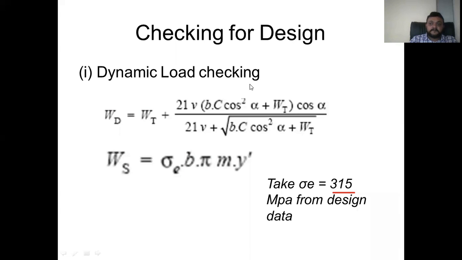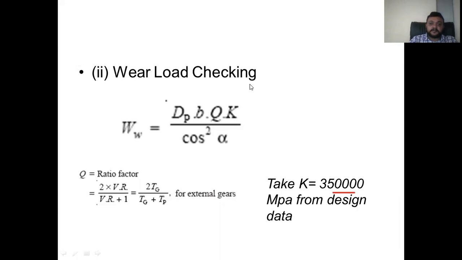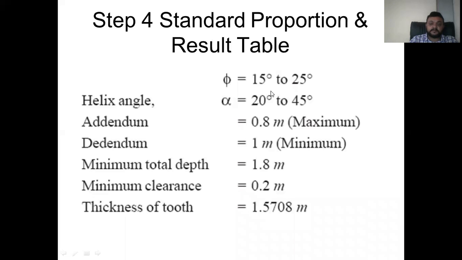And then checking of the design under the wear load, where you have to take Ks. If it is not given, then you can calculate it from this equation as discussed in the theory portion. Otherwise, you can directly use the design data book to choose one and check Ww and Wd. Ww should be more than Wd for the same design.